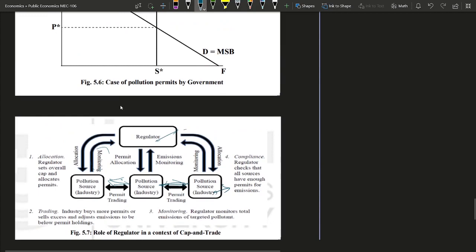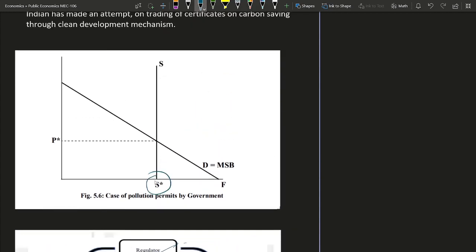Suppose the regulator decides this year to allow S amount of pollution in the environment, and this is the total market industry marginal social benefit or demand curve. This demand curve versus supply decides the price of the pollution right in the market. Suppose there is a firm whose demand curve is like this.